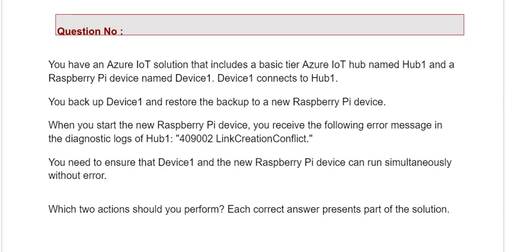When you start the new Raspberry Pi device, you receive the following error message in the diagnostic logs of Hub 1: 409002 link creation conflict. You need to ensure that Device 1 and the new Raspberry Pi device can run simultaneously without error. Which two actions should you perform? Each correct answer presents part of the solution.